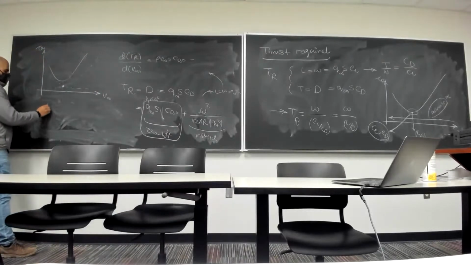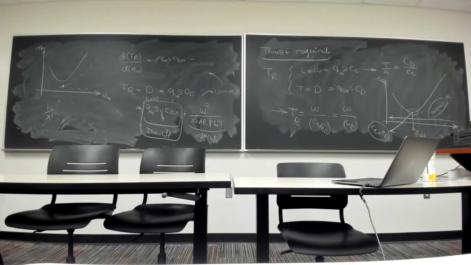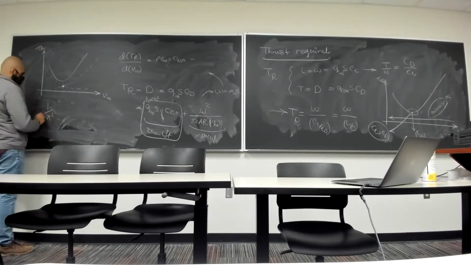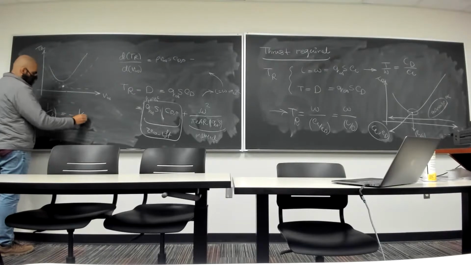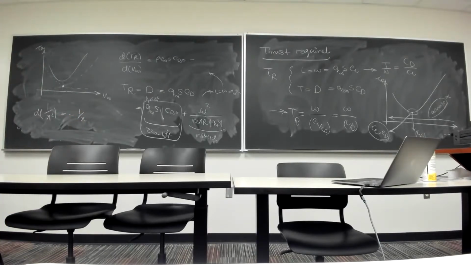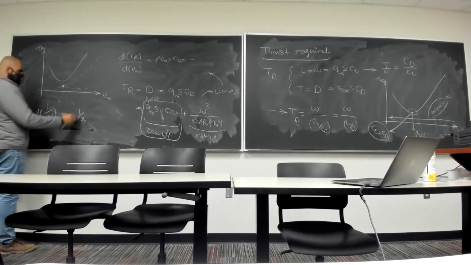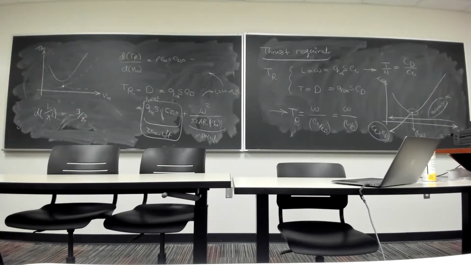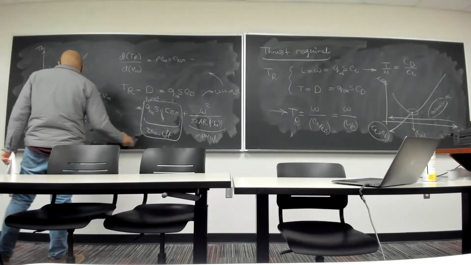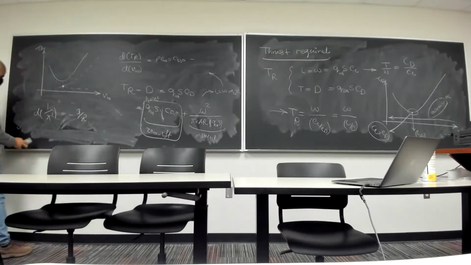So what is the derivative of 1 over x squared? Negative, so d of... It is going to be -2 over x to the power 3, right? Yeah, I just want to make sure that we are all clear on this.